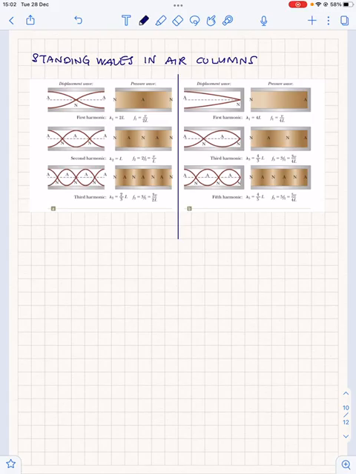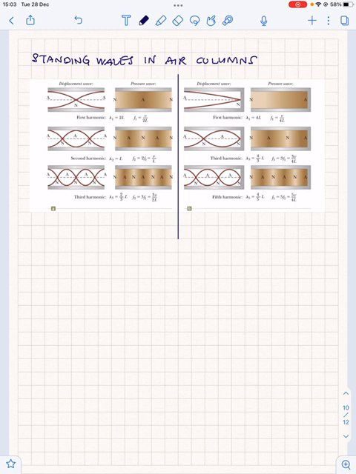If you still remember, where is the node, where is the anti-node? Node is the point where the amplitude is zero, and anti-node is where the system has a maximum amplitude. Okay, sorry. We are now in this figure. It is comparing displacement wave and pressure wave.